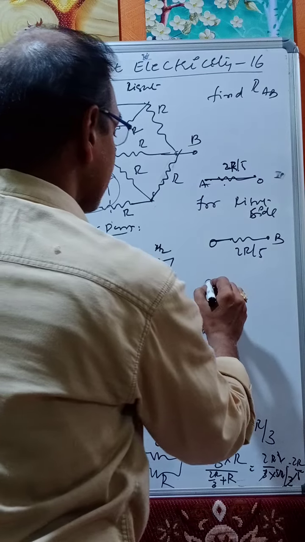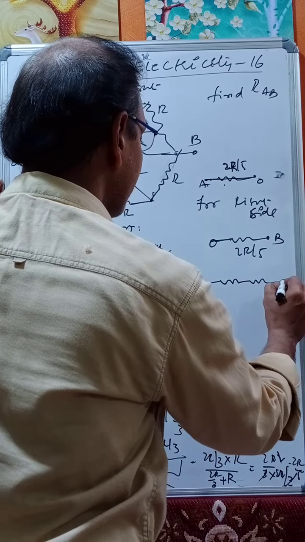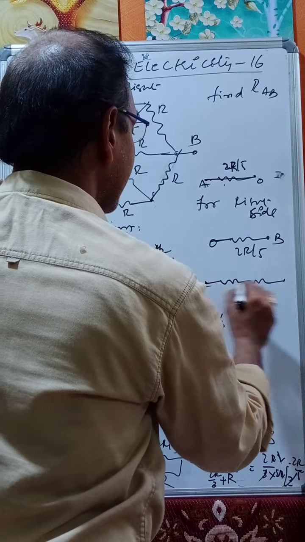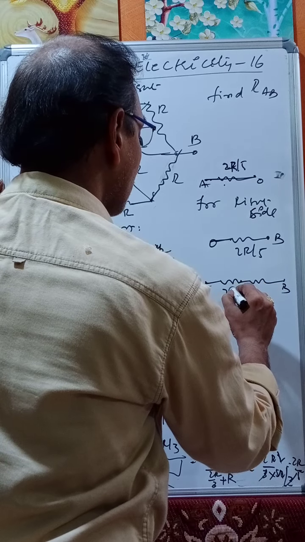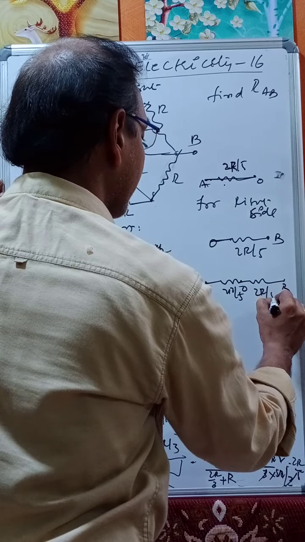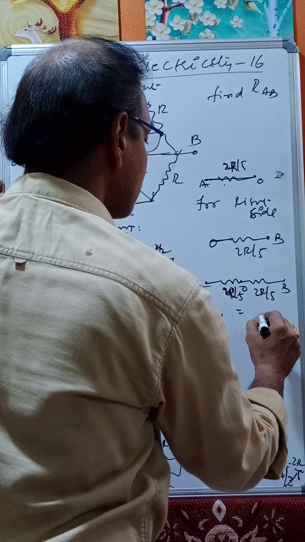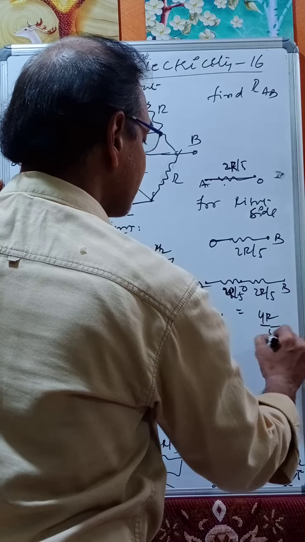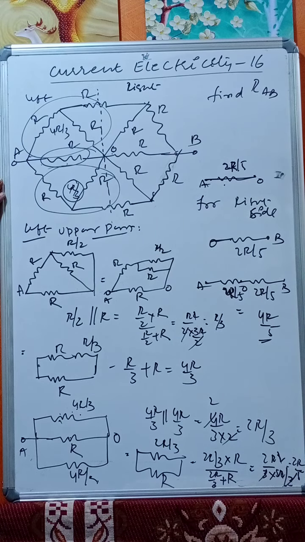Now what is the net? Between A and B, with O in the middle, 2R by 5 plus 2R by 5 equals 4R by 5 is the effective resistance.